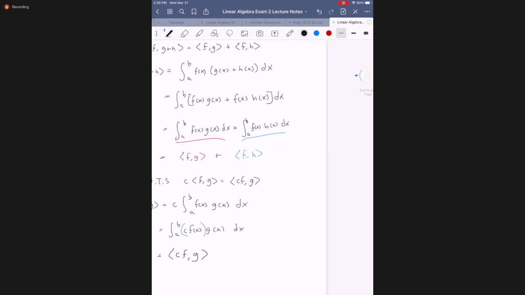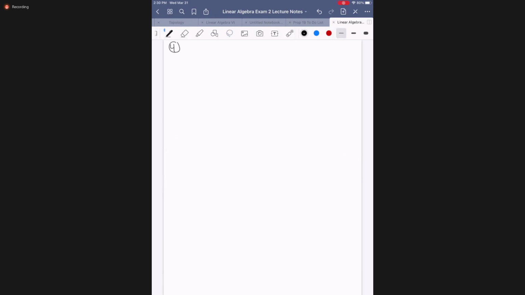Okay, and then the last one, we just need to show that the inner product of f with itself is always positive, and this is 0 if and only if f is the 0 function, right?